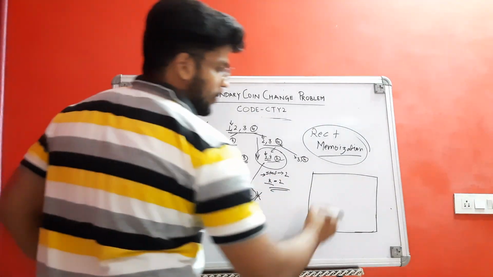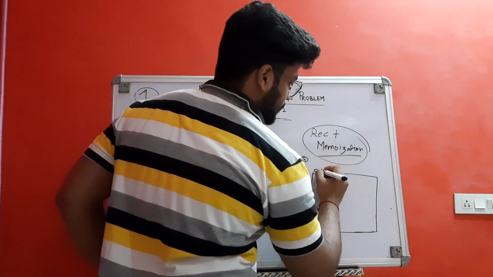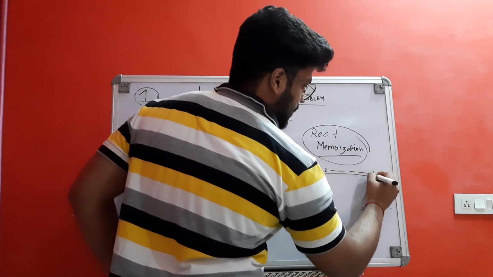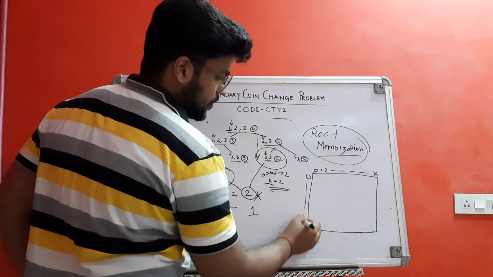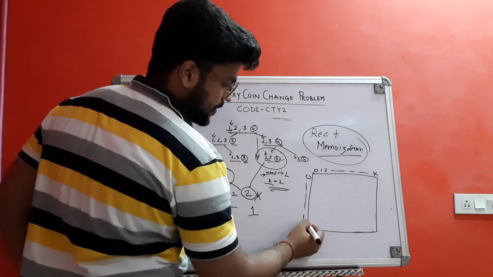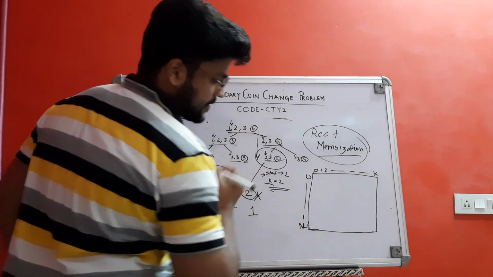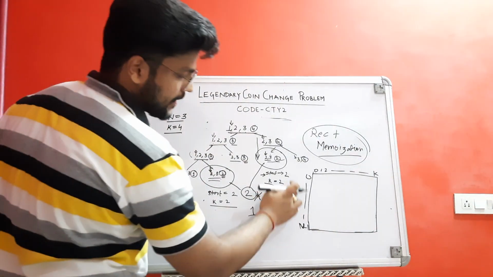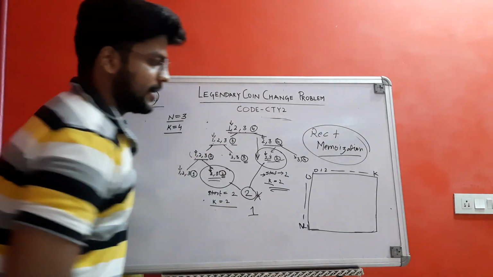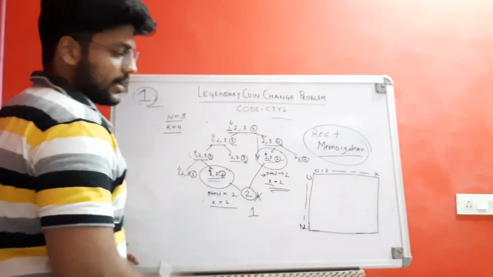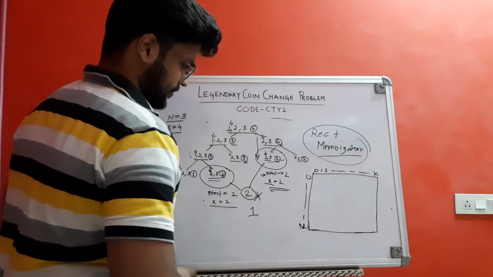So what values can k have? 0, 1, 2 up to k, and start can go from 0 to n minus 1. So the required sum can go from 0 to k and the start can go from 0 to n minus 1.